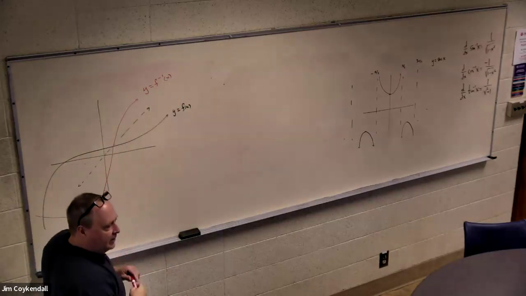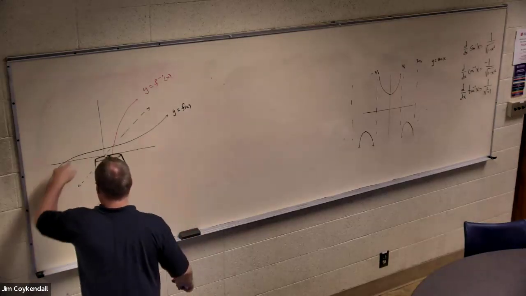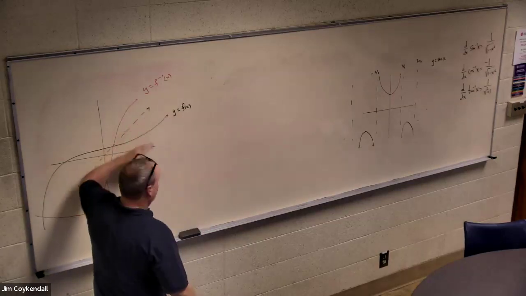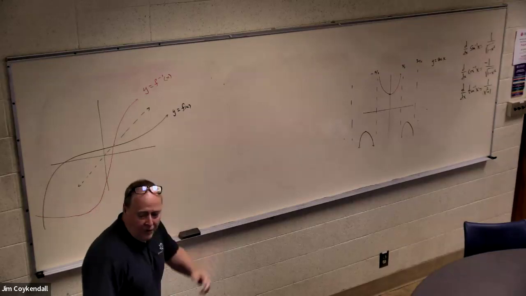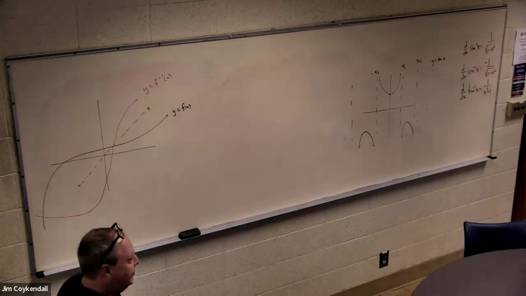Are you all familiar with this from when you first talked about inverse functions? Basically, if you have a one-to-one function, like this black function I tried to draw, and you reflect it about the line y equals x, you get the inverse function. So here's my question, and I ask you to use your Jedi instincts.